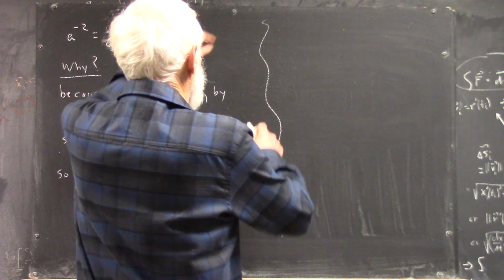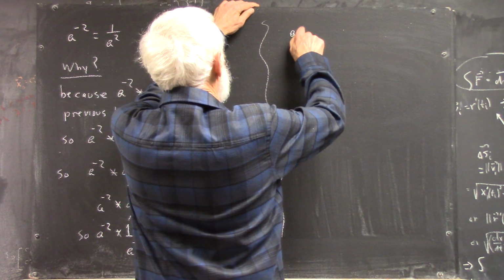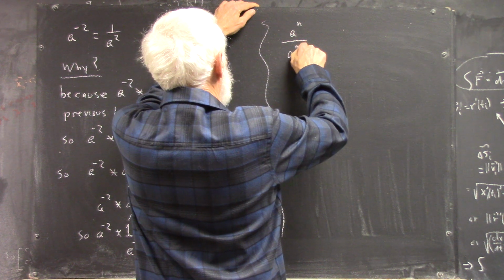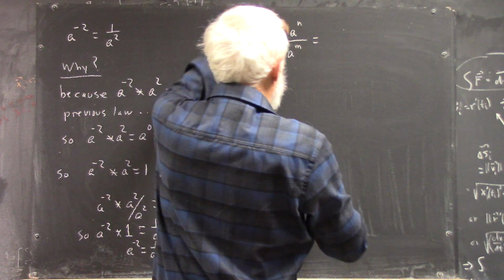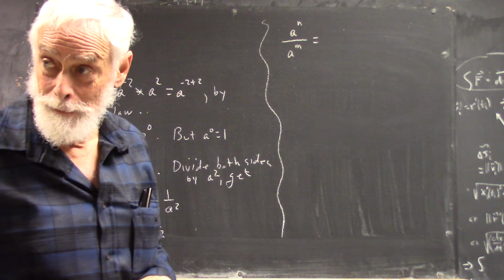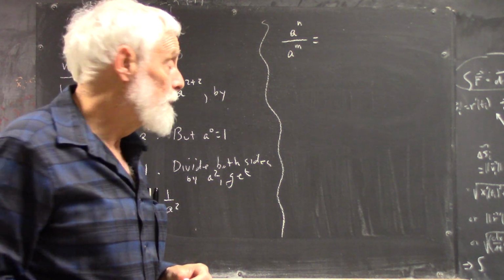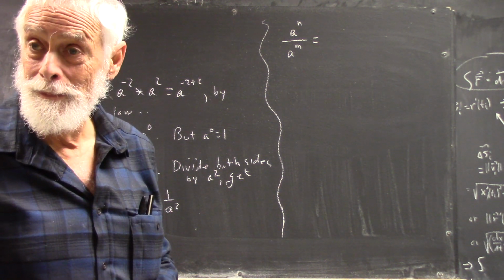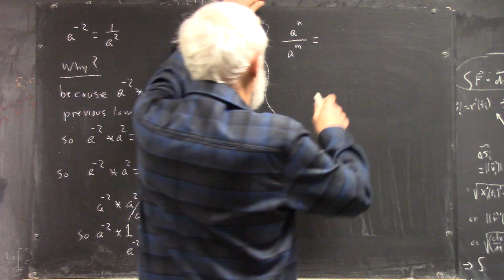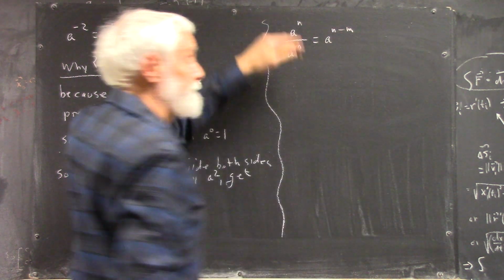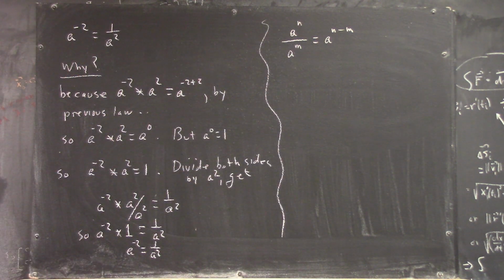So I'm going to do a couple of others. What I'm going to do is a to the m over a to the n equals, okay? And what's that equal to? Well, it turns out that's equal to a to the m minus n.